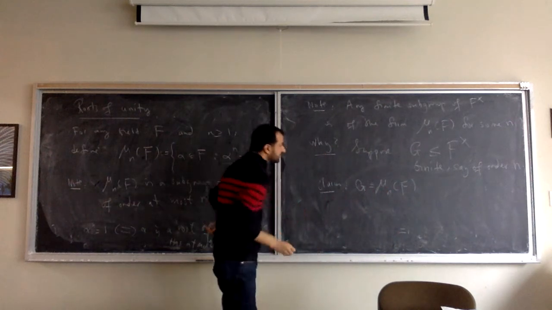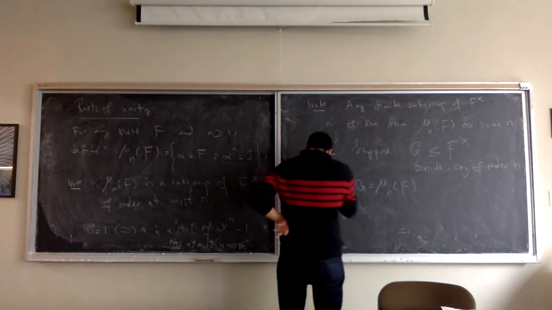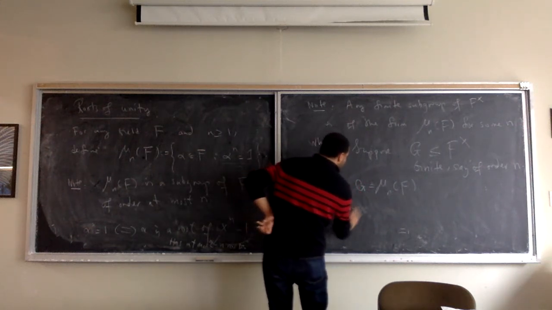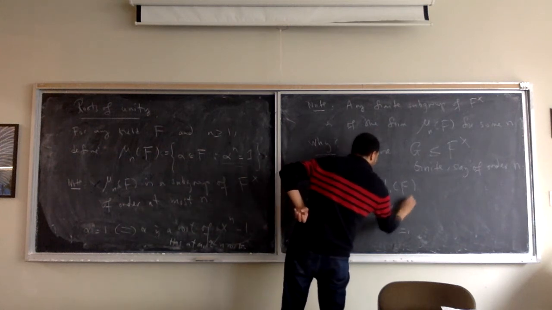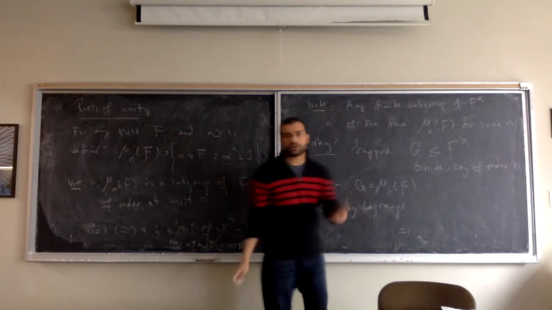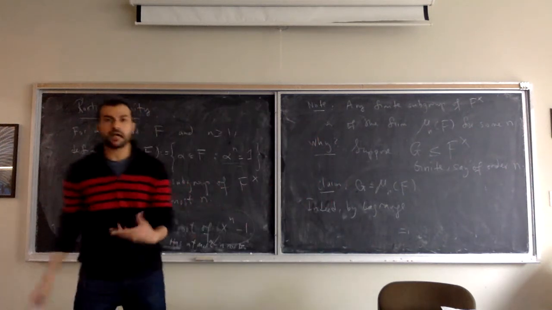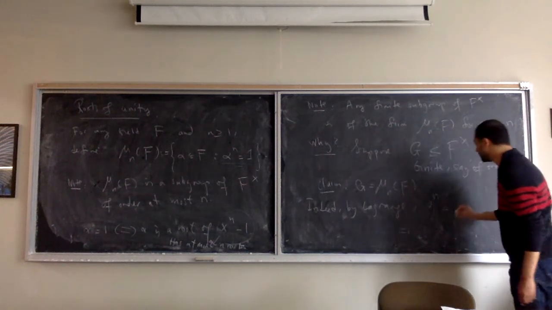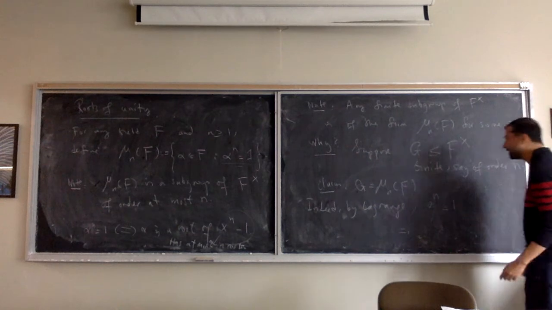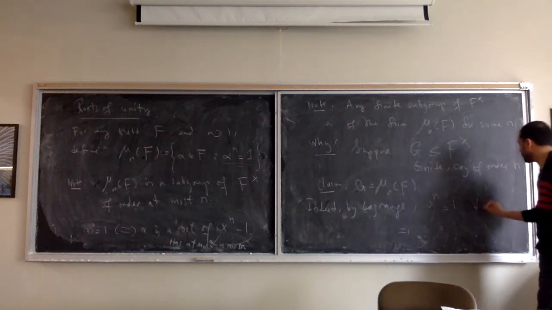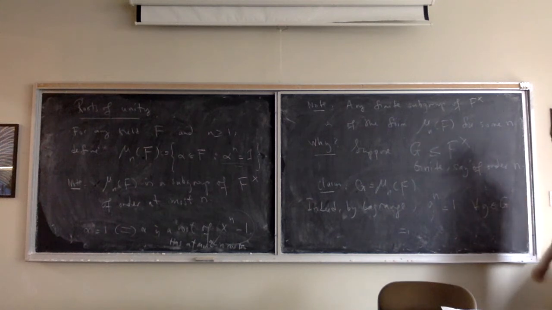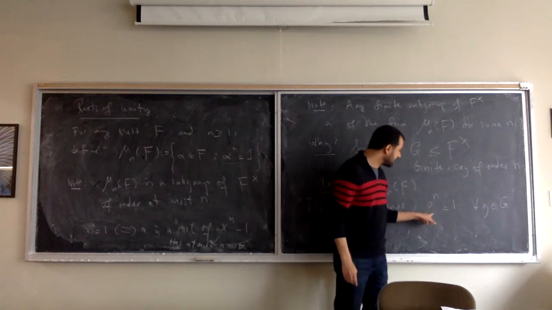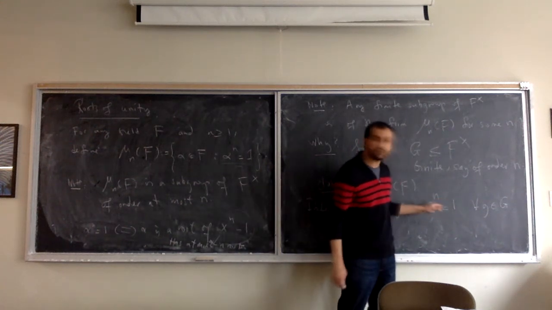And the reason for that is the following. By Lagrange's theorem, G is a group of order n, so the order of every element of it divides n. By Lagrange, g to the power of n is equal to the identity of the group, the identity of F star, which is 1, for every g in G. And so every element of G is an nth root of unity.